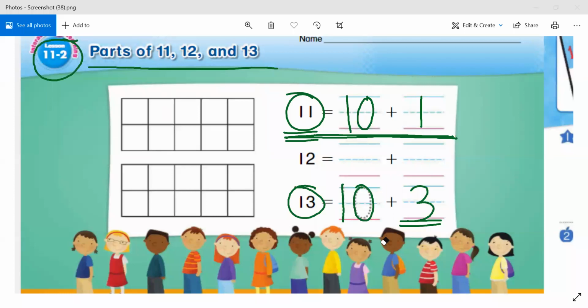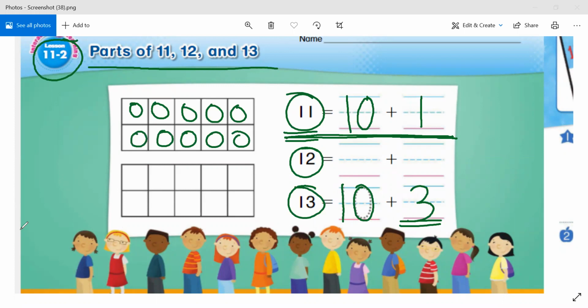We are looking at 12 students now. All right, so how many counters are we going to put in our first 10 frame? The number is greater than 10, so we know that we're just going to fill this up. Because once we fill it up, we know that there are 10 counters there without counting.